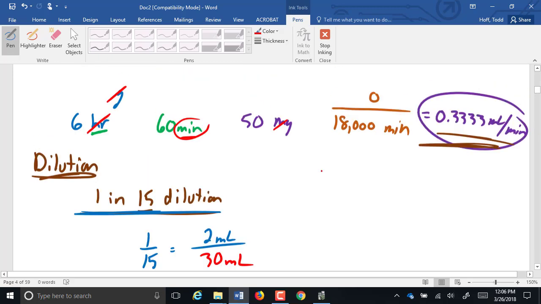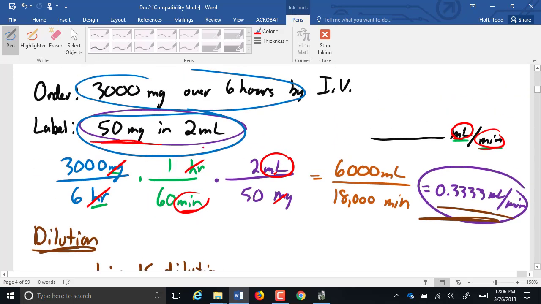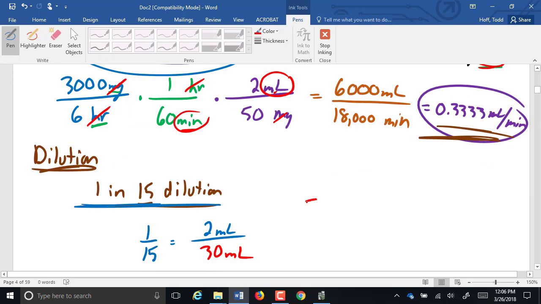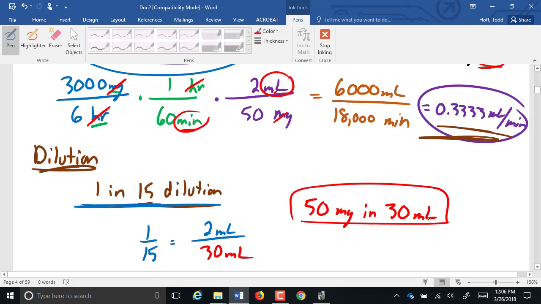So that is 50 milligrams in 30 milliliters. The volume of that solution that would have been contained in 2 milliliters has been increased to 30 now. And we could go ahead and use that in place of this concentration in the formula. It would now be 30 milliliters over 50 milligrams, which would change our numbers considerably.